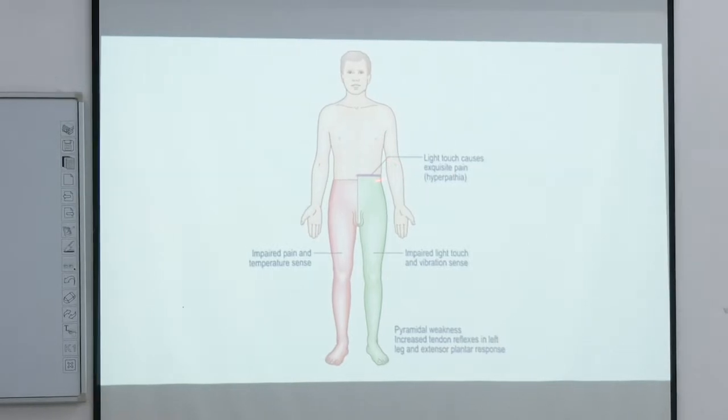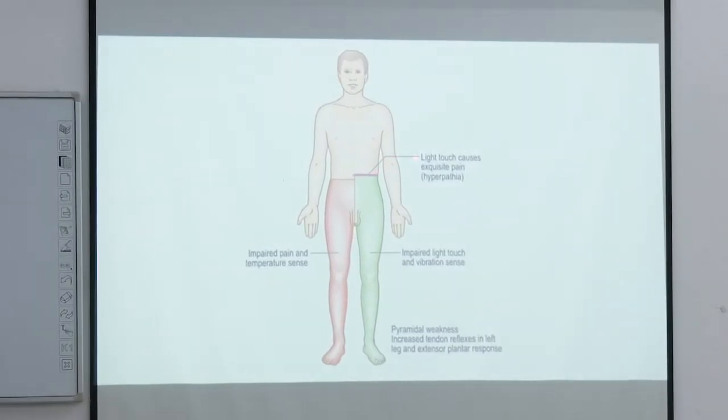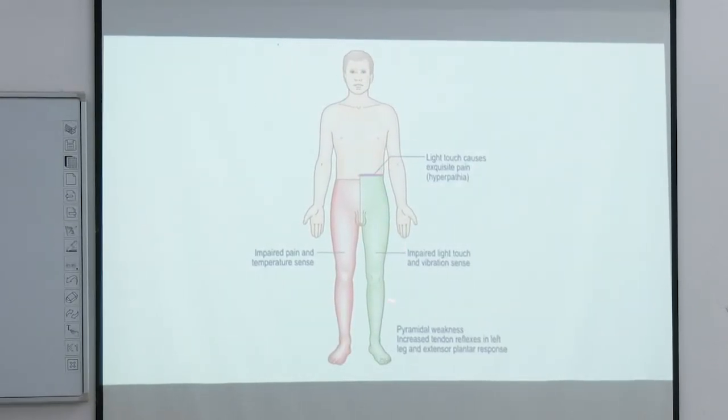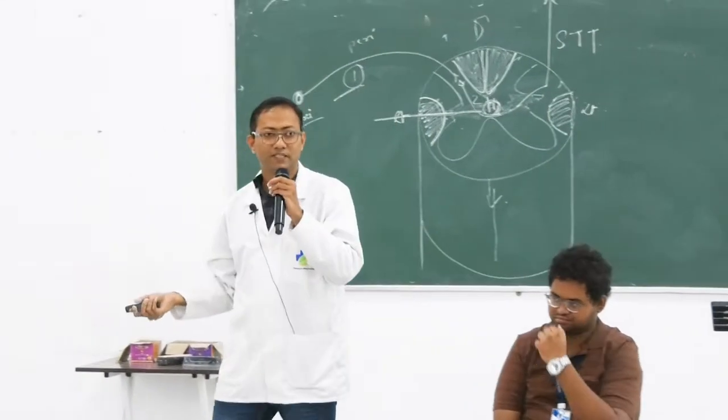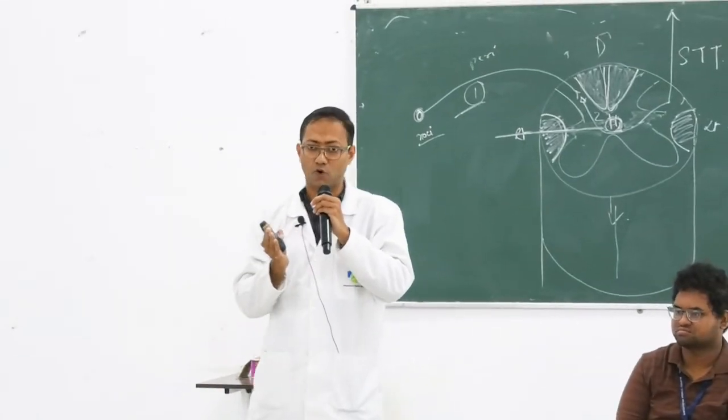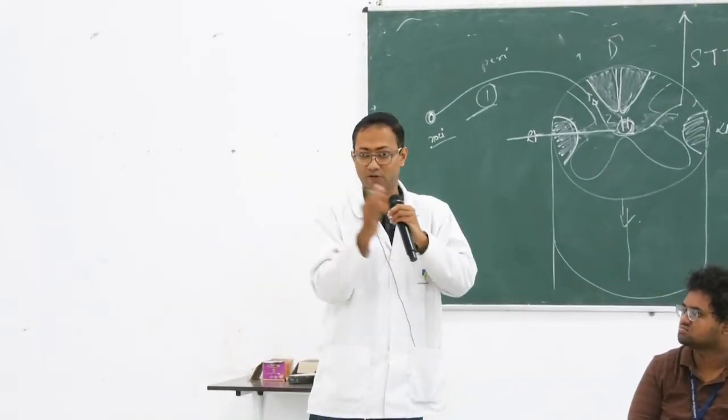So if I transect this side, light touch and vibration sense will be lost on the same side, and on the opposite side there will be pain and temperature loss, right? So when you perform sensory system examination in a case of Brown-Sequard syndrome, that means only one half of the spinal cord is affected, either the left side or right side.